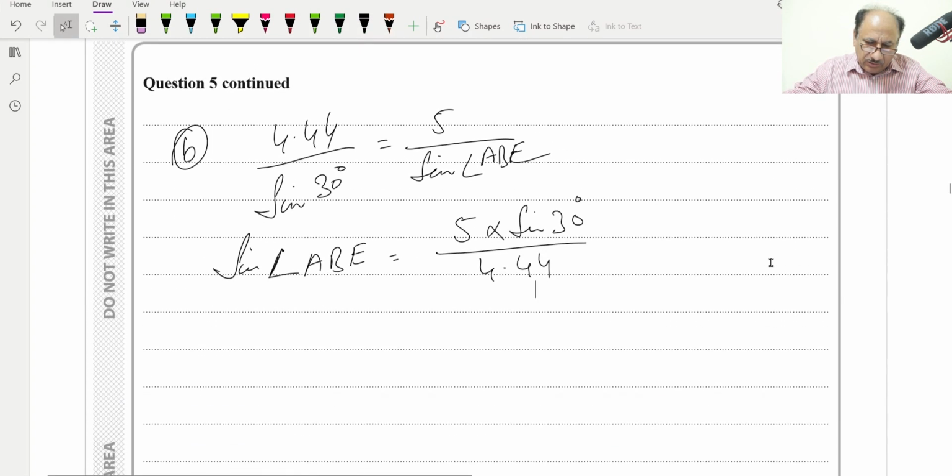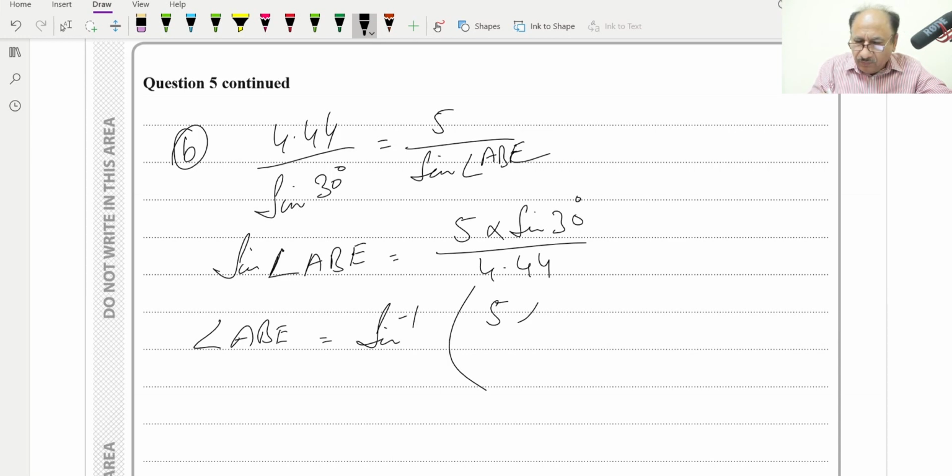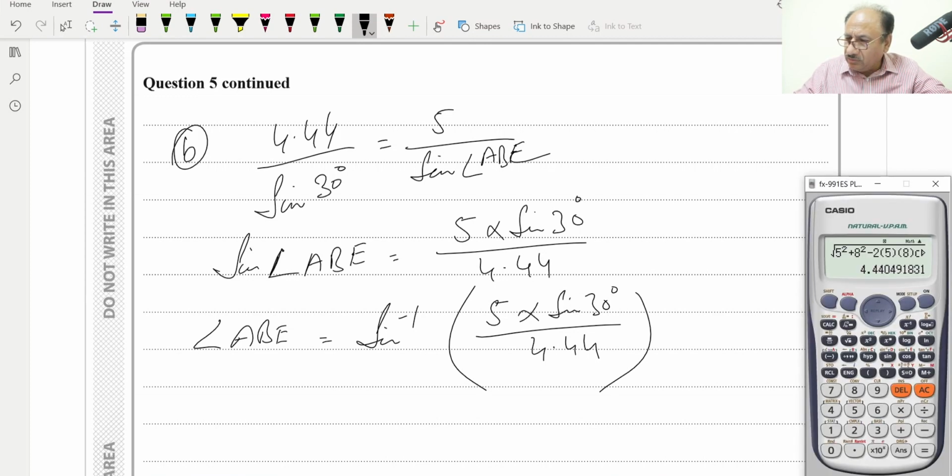Angle ABE is the sine inverse of 5 into sine of 30 degrees divided by 4.44, and we can put this in the calculator in one go: shift sine, fraction, 5 multiplied by sine of 30 degrees divided by 4.44, bracket closed.